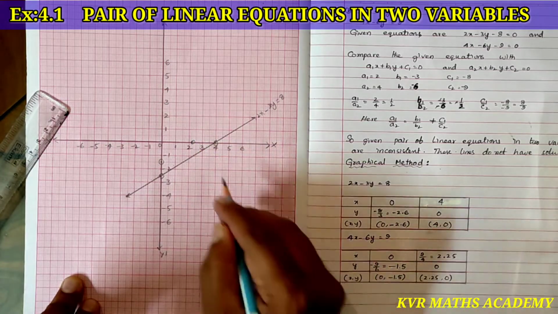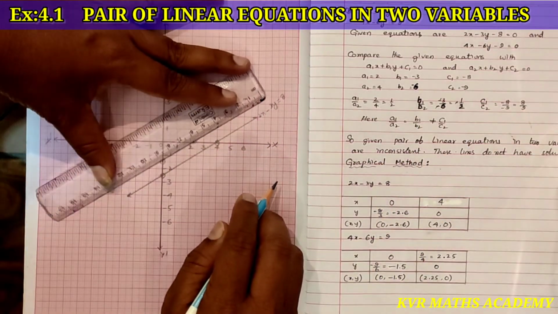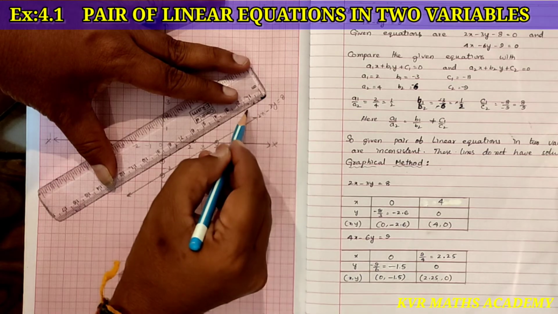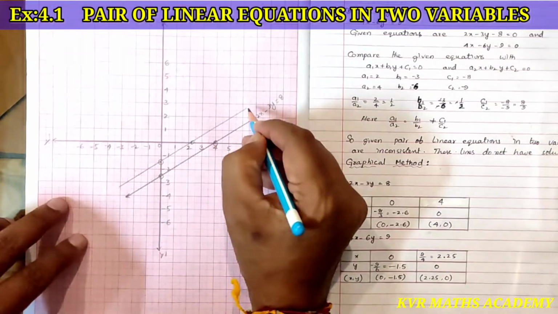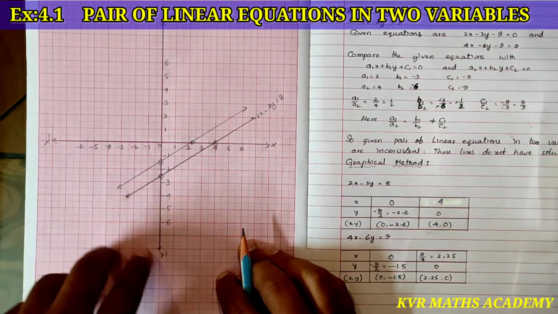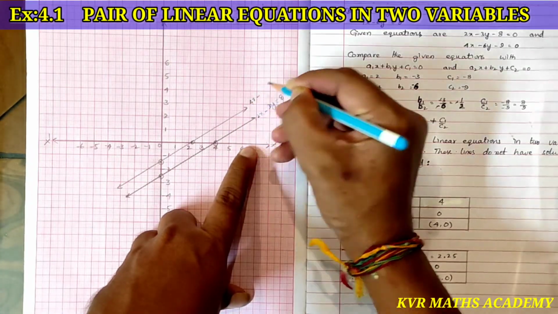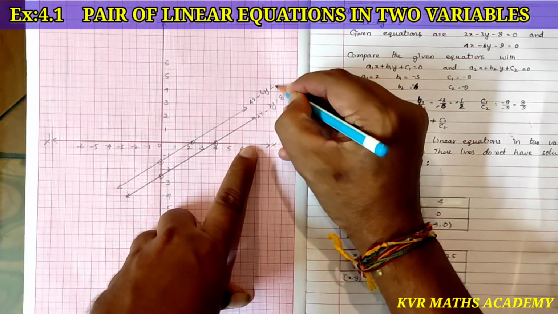So 2.25 comma 0 is this one. Let us join these 2 points also. This is the line of 4x minus 6y is equal to 9.